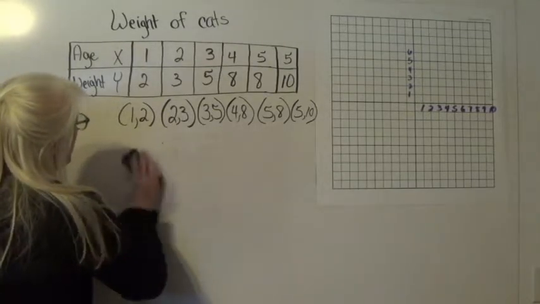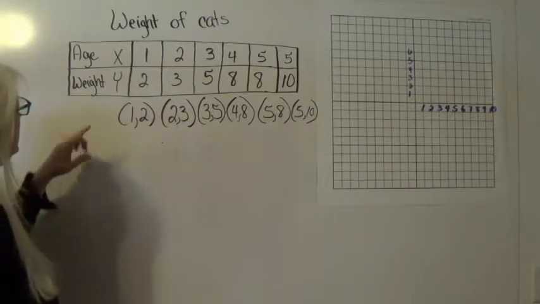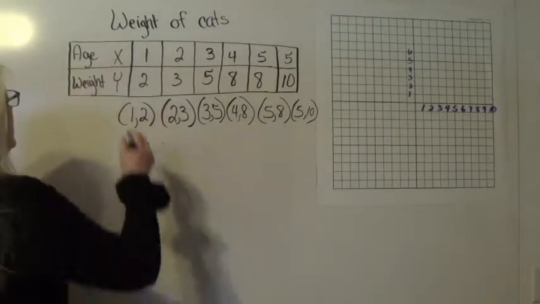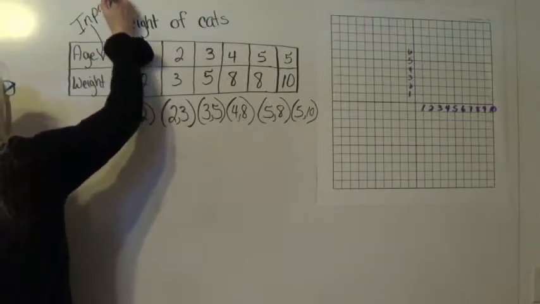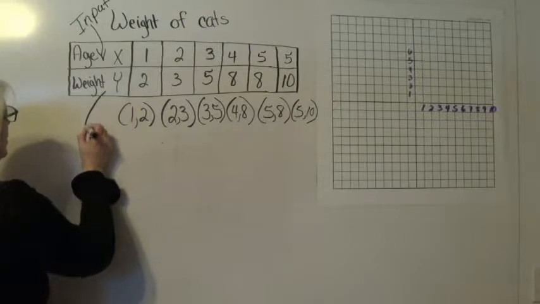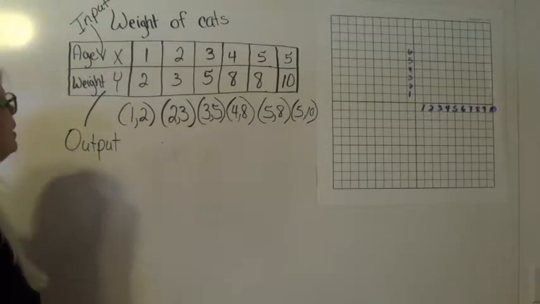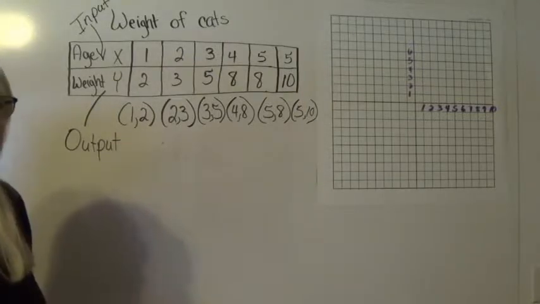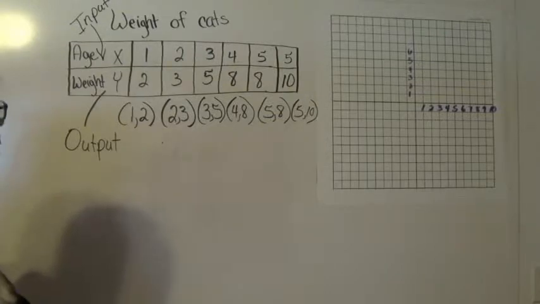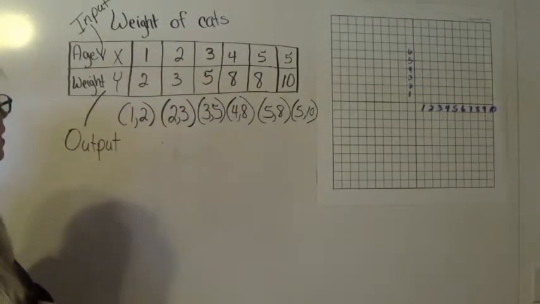Another way they talk about these x and y values is they can call the x value the input. I'm going to write input. And the y value is called the output. The x values are also called the domain and the y values are called the range. We're going to talk about that in just a minute. But let's take these ordered pairs, coordinates, and graph them.